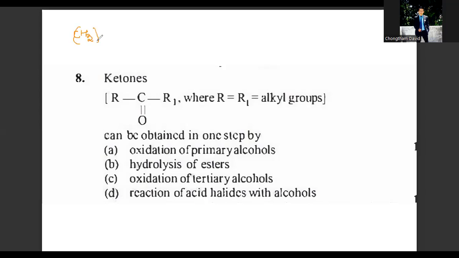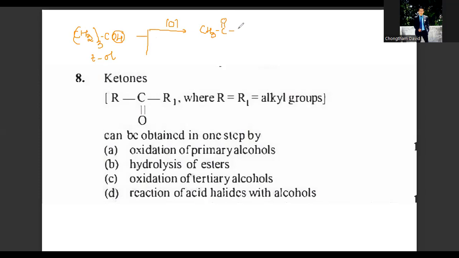Let me give you here. This is a tertiary carbon, and an OH group is attached. Now this is your tertiary alcohol. When this is oxidized, it now changes to ketone.